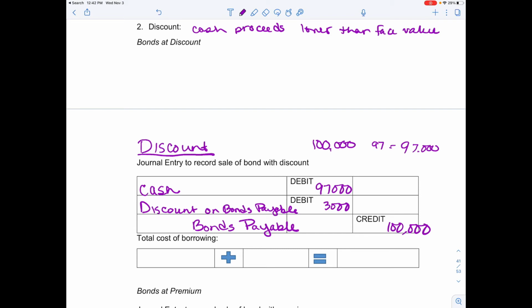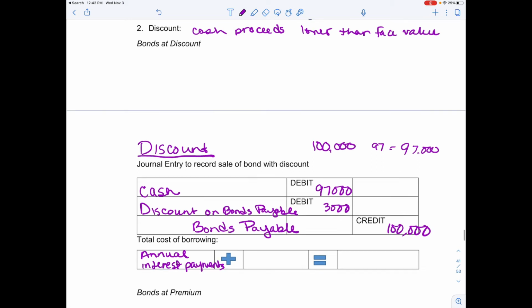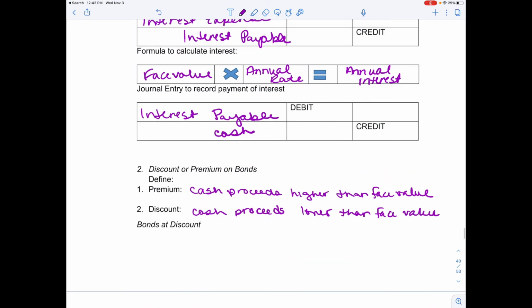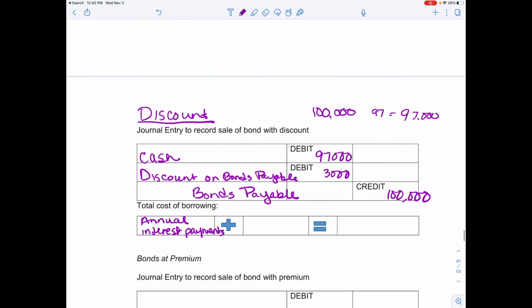And this has to do with the interest. So if I take my annual interest, all those payments, and remember we showed you how to calculate that interest up here. That face value times the annual interest rate equals the annual interest.